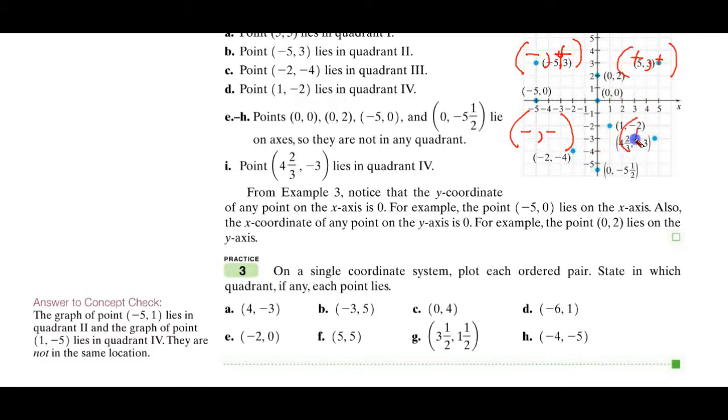Here the x is positive and the y is negative. So depending on the signs of the coordinates, you can actually tell which quadrant they're in. And once again, if the first value is 0, it's on the y-axis. And if the second value is 0, it's on the x-axis. And you'll get some practice of this as well.